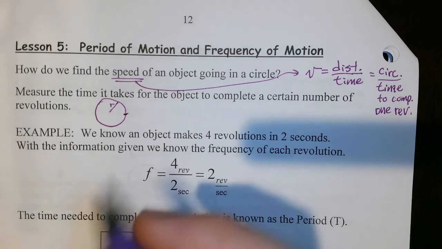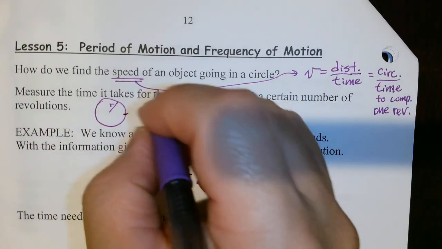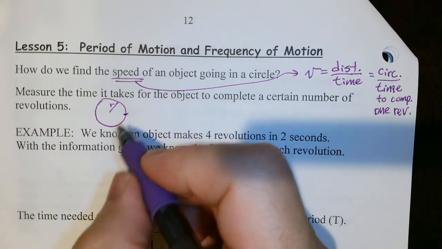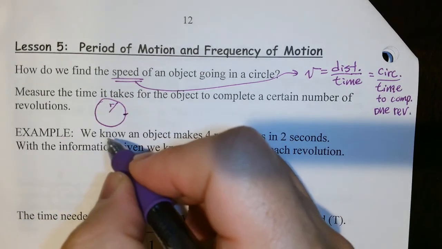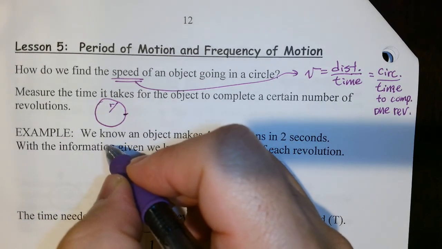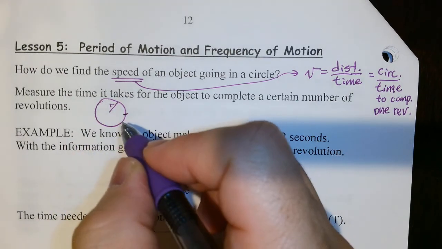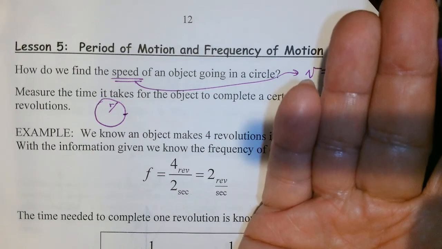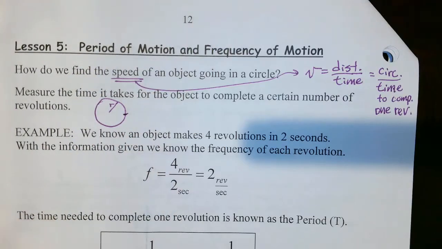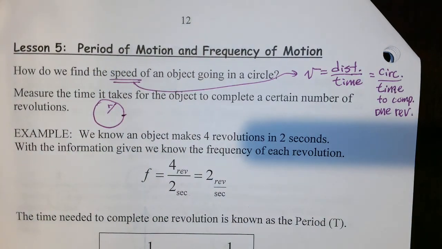So to measure the time for one complete revolution, I would time maybe 20 revolutions and then divide that time by 20 to get the time for one revolution. I think you'll have much more accuracy that way.